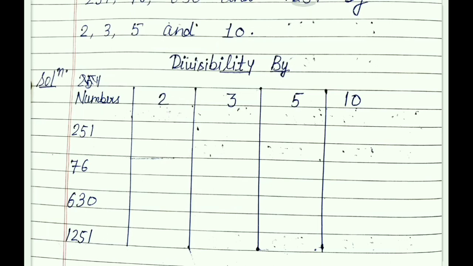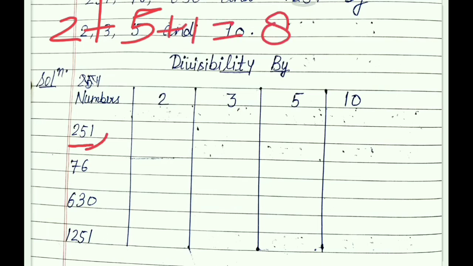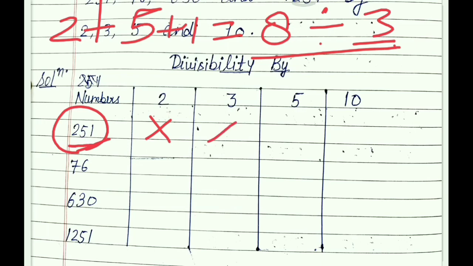To check divisibility by 3, we find the sum of the digits: 2 plus 5 is 7, 7 plus 1 is 8. The sum of the digits should be divisible by 3, but 8 is not divisible by 3, so 251 is not divisible by 3. So by 2 also not and by 3 also not.